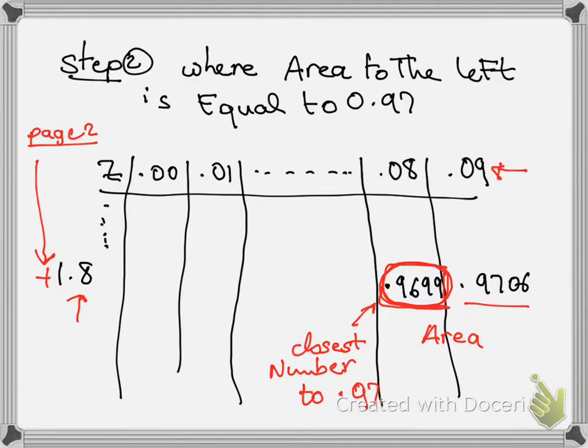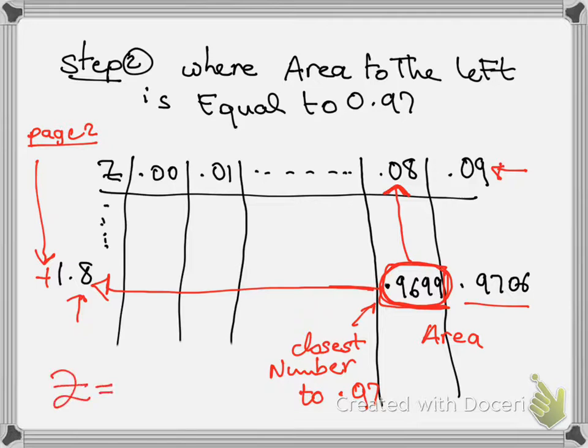So what would be the corresponding z? Here z is 1.8, and the nearest hundredth is 0.08. So then z is actually equal to 1.88.